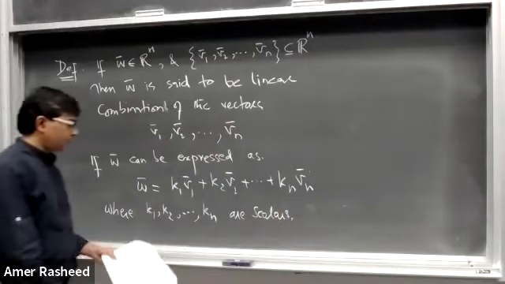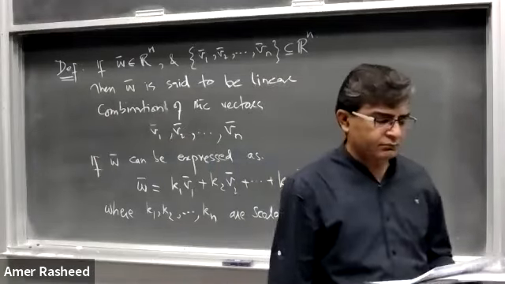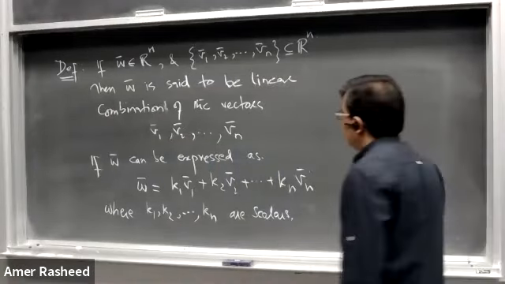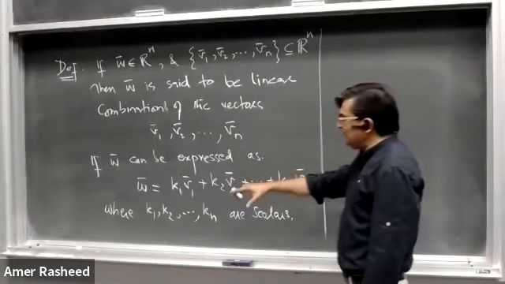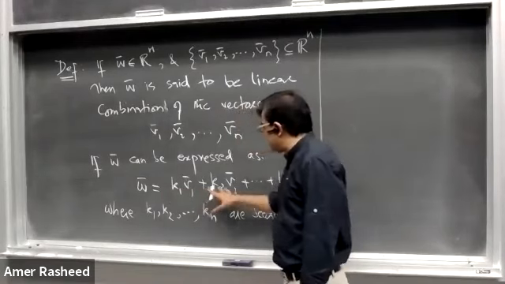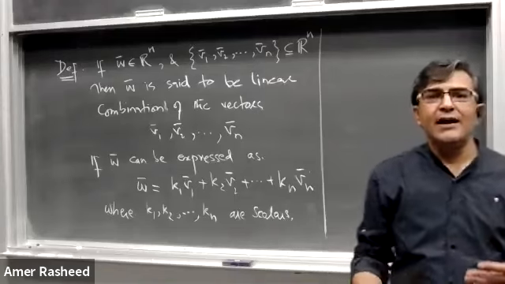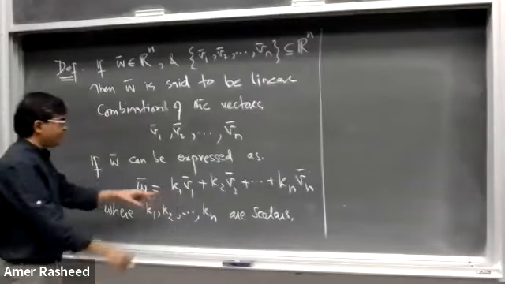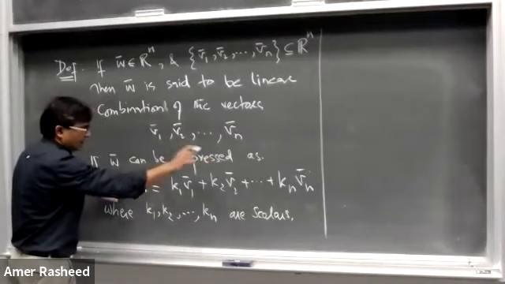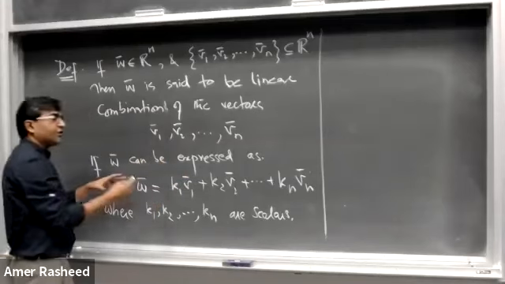These scalars are the coefficients of the linear combination. So if such kind of constants exist, K1, K2, K3, so on Kn, if we can find these constants for which this equation is valid, for which this equation becomes true.